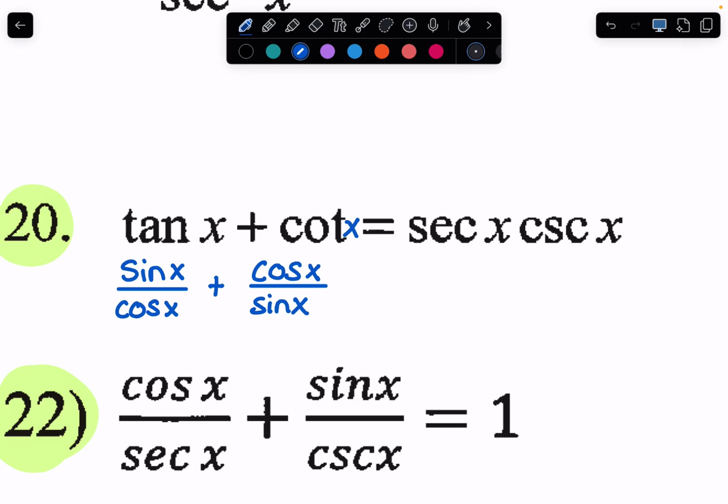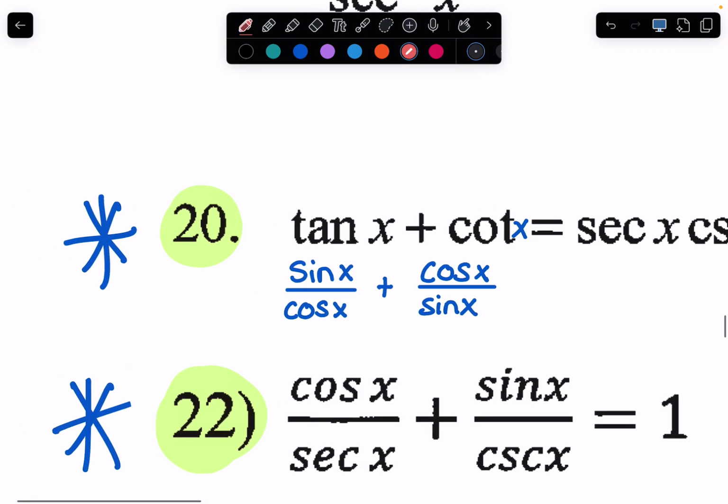Would it not equal 1? It's not equal to 1. Why is it not equal to 1? Because plus and I multiply. Yeah, if we were multiplying, that would equal 1, right? I mean, you're gonna find the least common denominator. Just cosine times sine.